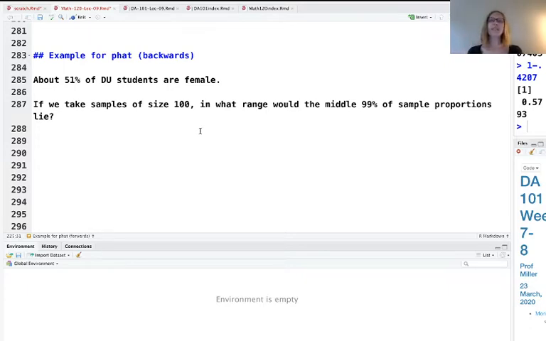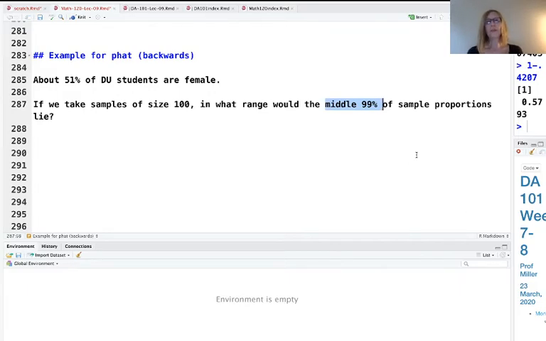Now that might seem like kind of a strange question to ask, but actually it's really practical. What it's asking is, when we're taking samples, what kind of samples would we expect to see? If we look at the middle 99% of them, in other words, almost all of them, where would we expect these things to be? It's a backwards problem because we're starting with the middle 99%.